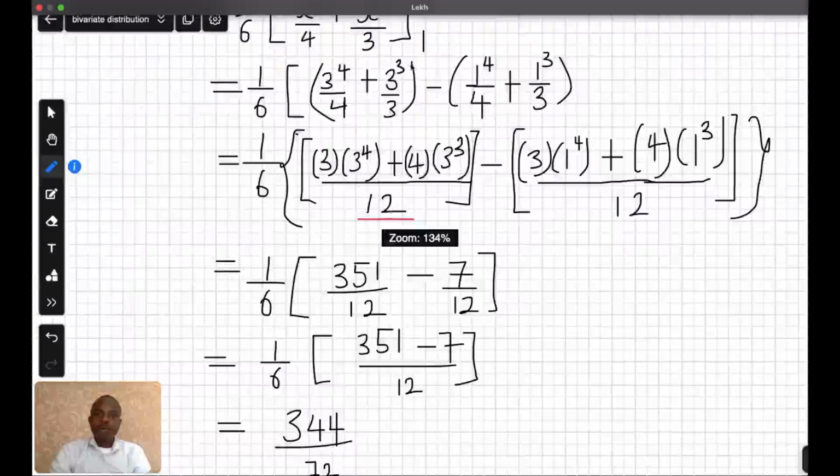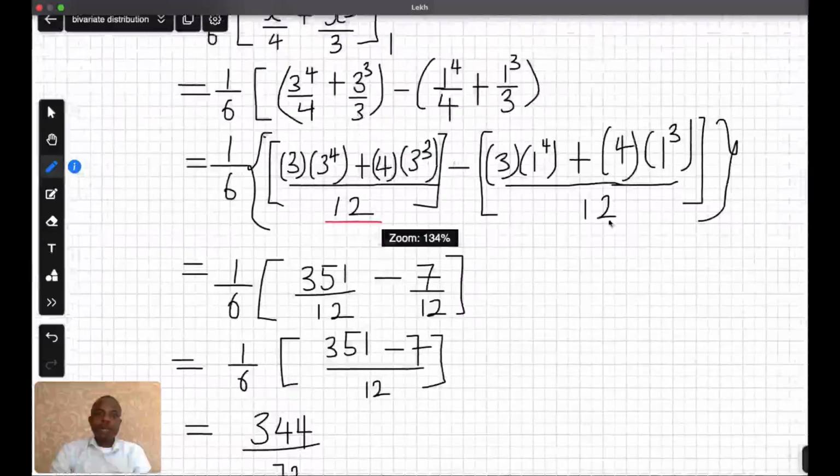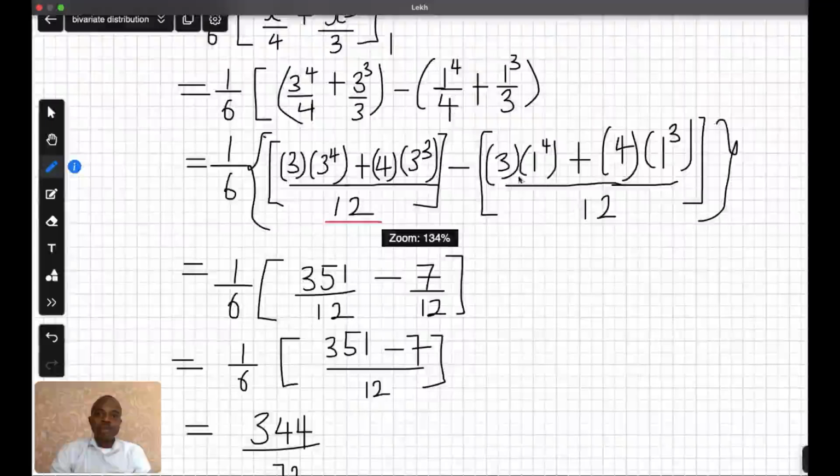and then 4 multiplied by 3 raised to the power of 3. All right, then you go on. The LCM is 12. 12 divided by 4 is 3, multiplying 1 raised to the power of 4. The LCM is 12. You divide by 3, you get 4. The 4 here, then you multiply by this 1 raised to the power of 3.